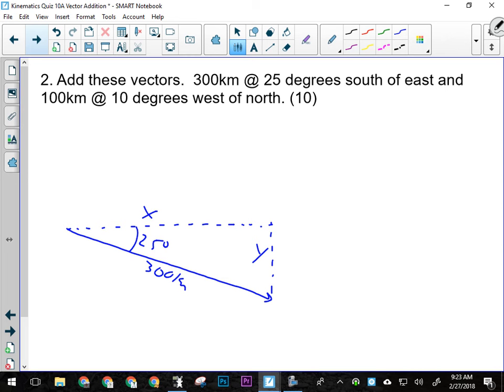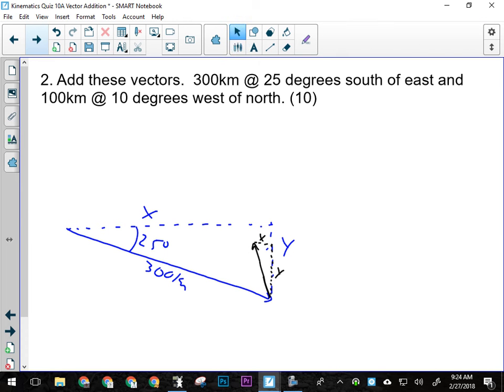All right, so my second one here, west of north. I'm going to draw a line that's north, and then I'm going to go 10 degrees west of it. I'm going to erase that y because it's in the way. All right, so here's x, here's y. I'm going to put blue y over here as well.